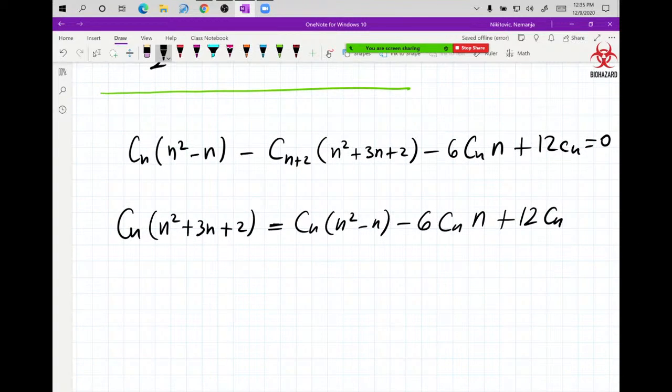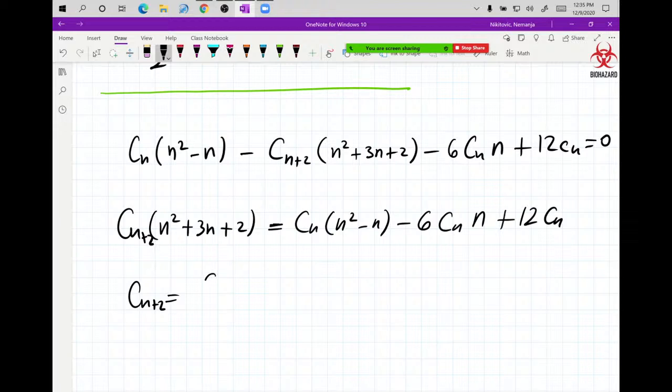And finally, we have Cn, oh, that was Cn plus 2. I was like, what the hell? There we go, Cn plus 2. Cn plus 2 is going to be this whole thing, which can be simplified, obviously.